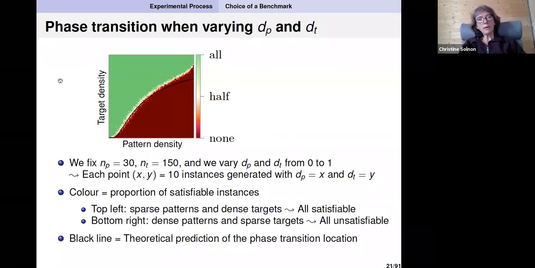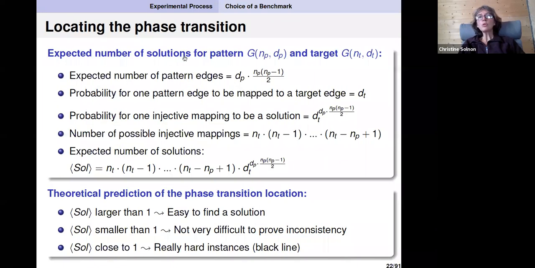So how can we compute this theoretical prediction? We simply compute the expected number of solutions given the parameters NP and DP for the pattern graph and the parameters NT and DT for the target graph. I'm not going to enter into the details of this computation, but it is quite easy to do.